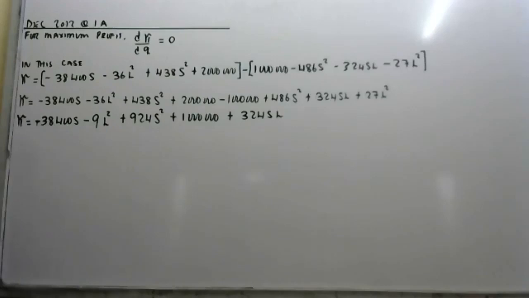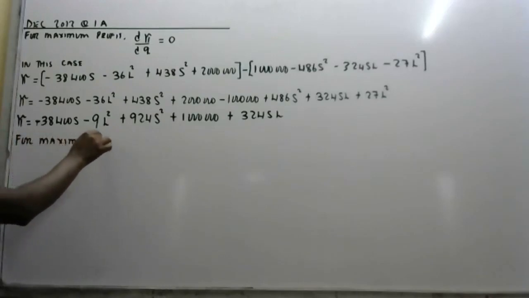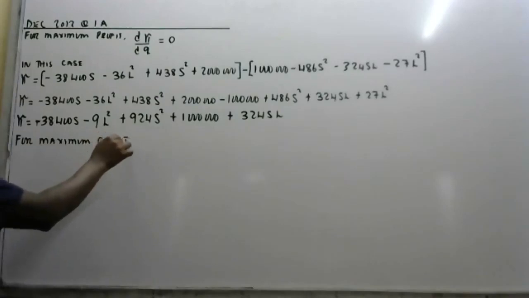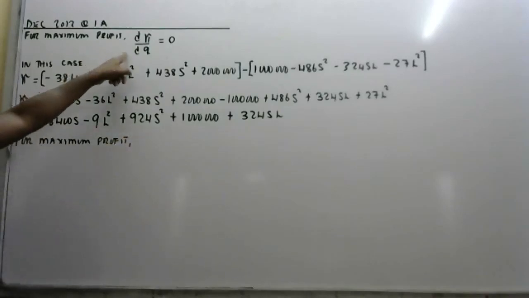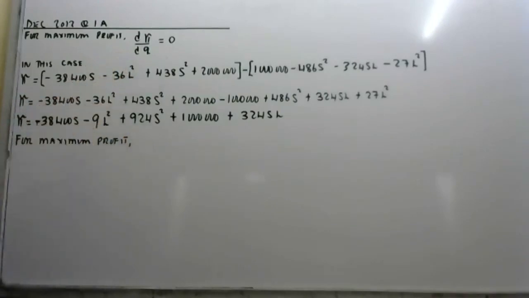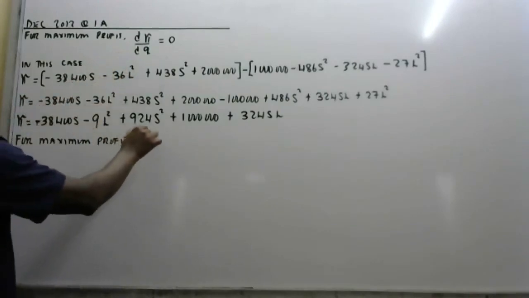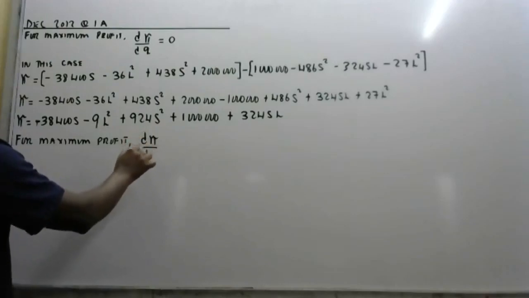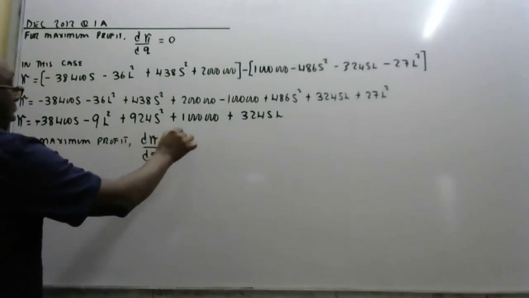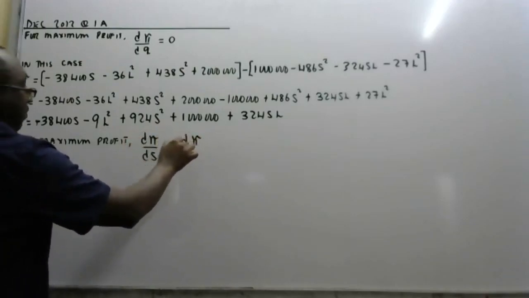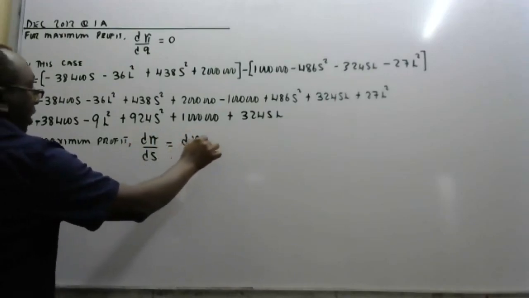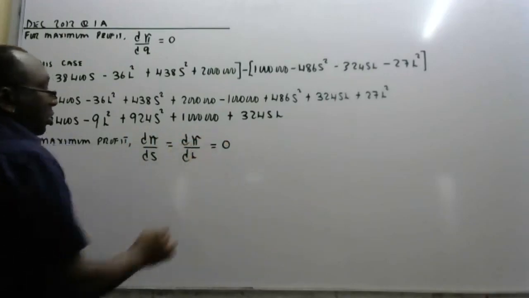When you have gotten that, we will come here and say now, for maximum profit, I want to repeat what we had said here, because this was general, but now we can specify here that the differential of pi with respect to S should be equal to the differential of pi with respect to L, which is equal to 0.